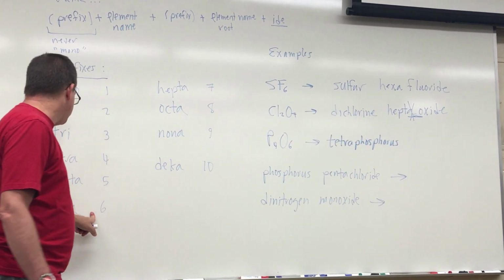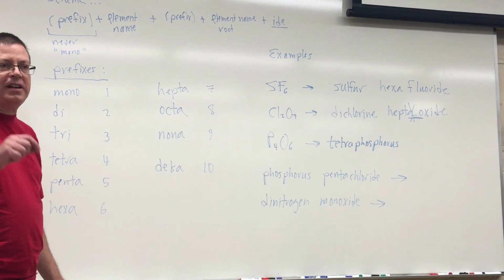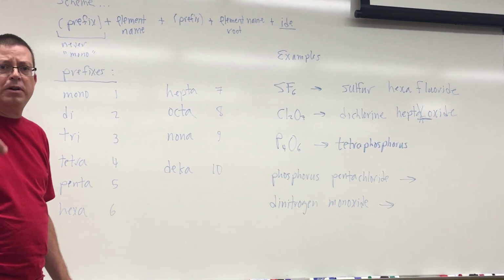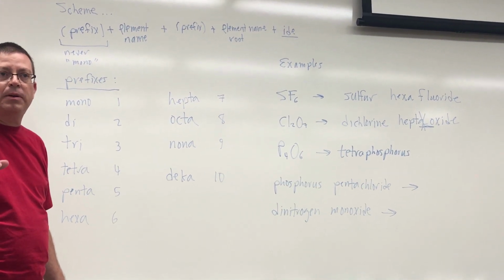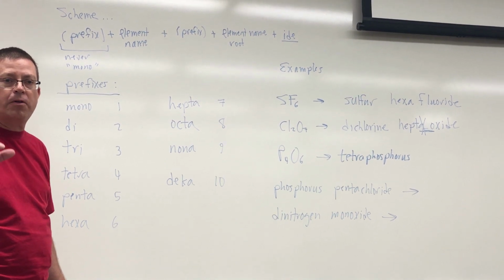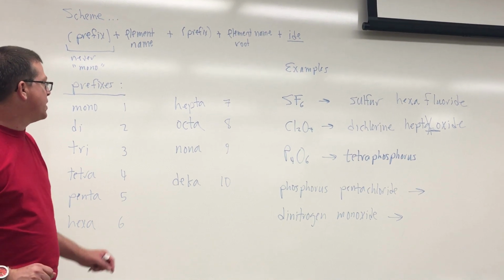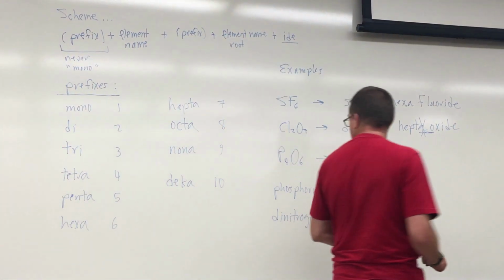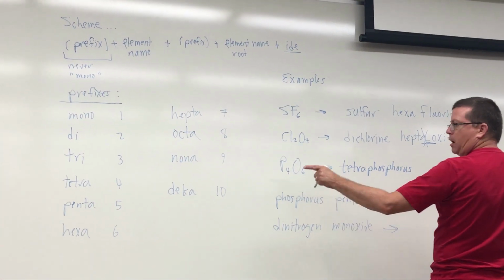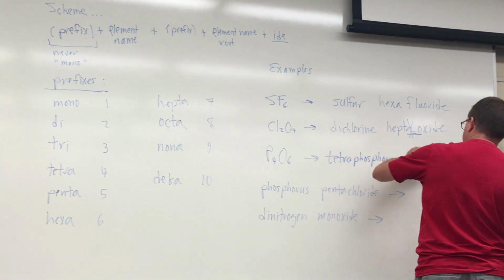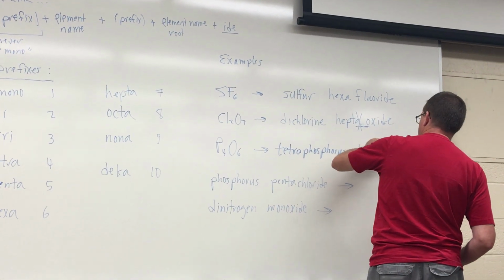All right, 6 means hexa. Now, do we say hexaoxide? No, we don't. We drop the A at the back of hexa, and we just leave the O for oxide. Again, get rid of the 2 vowels, leave 1 vowel. So this becomes tetraphosphorus hexoxide.